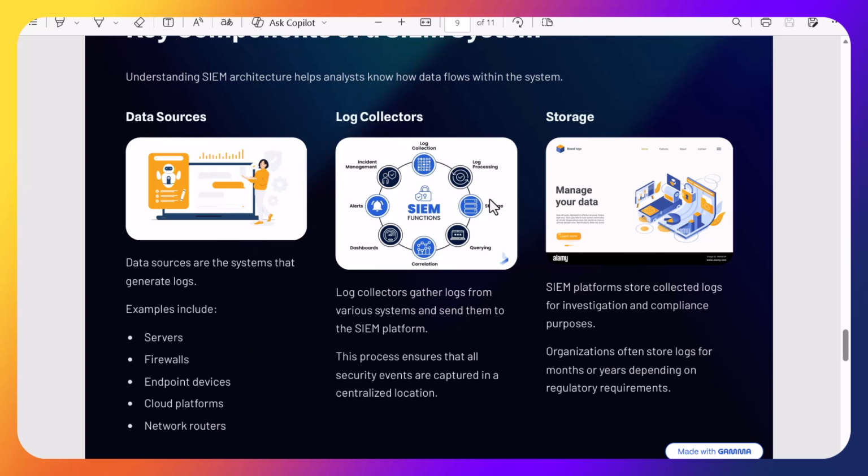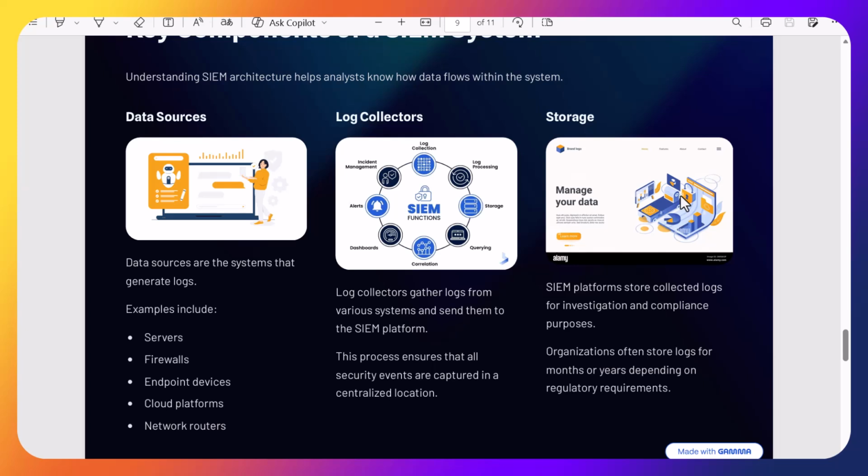Log collectors. Log collectors are responsible for gathering logs from various systems and sending them to the SIEM platform. This ensures that all security events are captured and centralized for analysis. And you have storage.